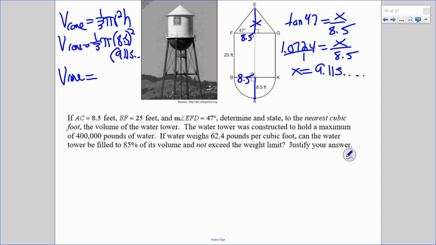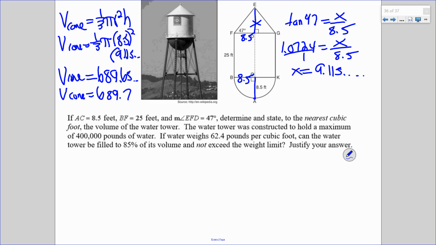Then I'm just going to paste that 9.11. And I have 689.65. It wants it to the nearest cubic foot, so I'm going to round to the nearest 10 for now to be safe. That's the volume of the cone.